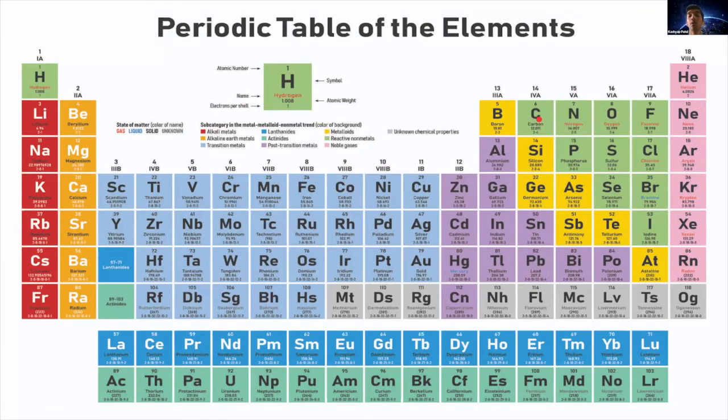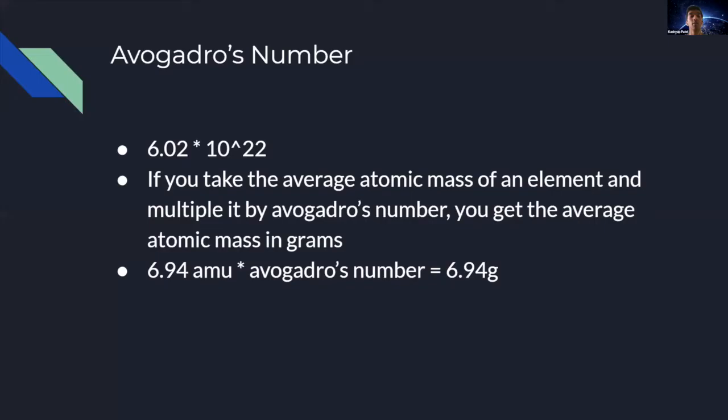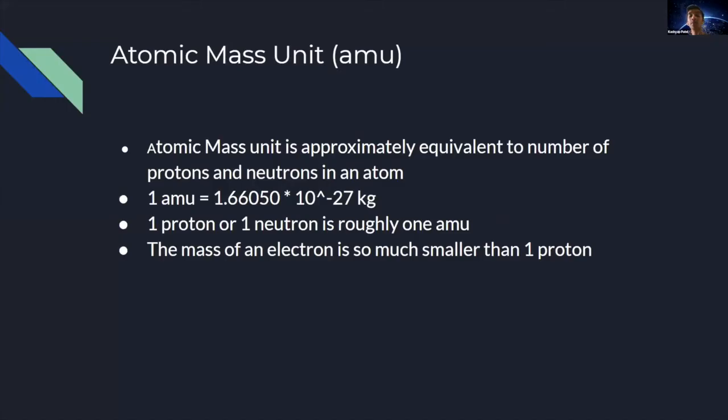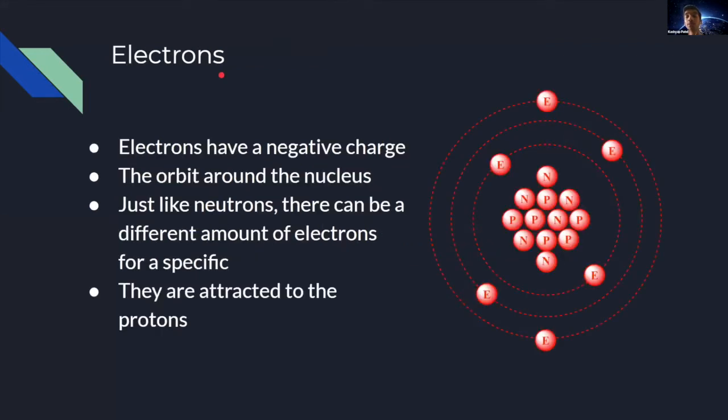So you may be confused about average atomic mass and the mole. I'll try to explain a little bit better. Going back to the atomic mass unit, one proton or one neutron is one atomic mass unit. If we take carbon here, this is a carbon atom because it has 6 protons and 6 neutrons.